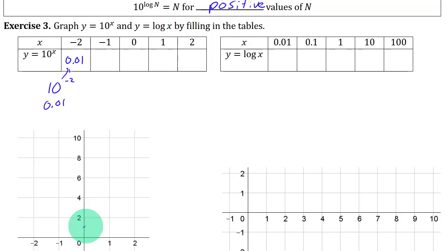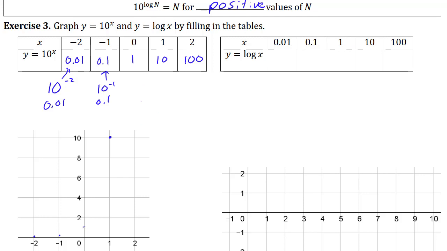So if this is 1, 0.01 is so close to the x-axis, it's basically on the x-axis right there. 10 to the power negative 1 is 0.1. That gives you a point which is about like that, still quite close to the x-axis. 10 to the power 0 is 1, 10 to the power 1 is 10, 10 to the power 2 is 100.